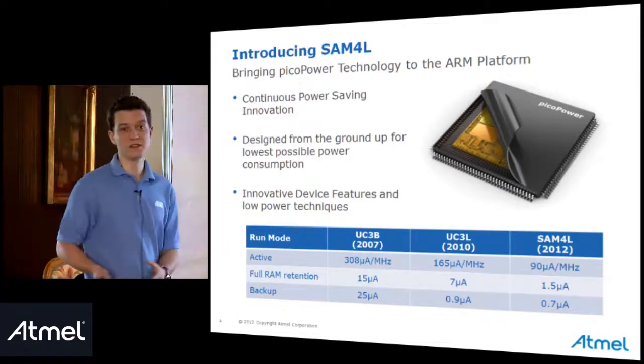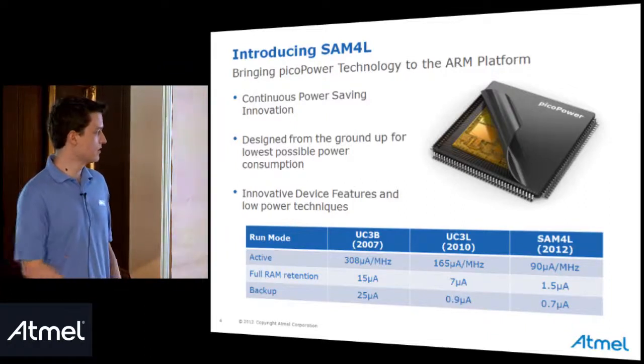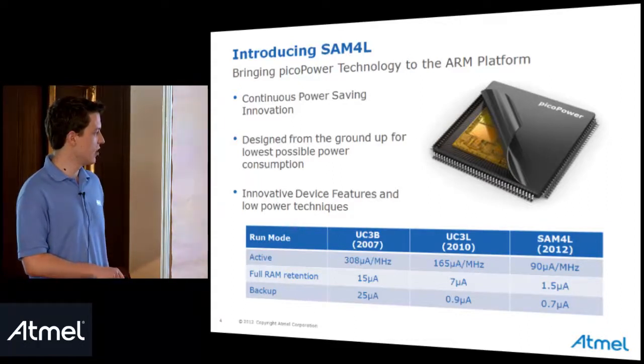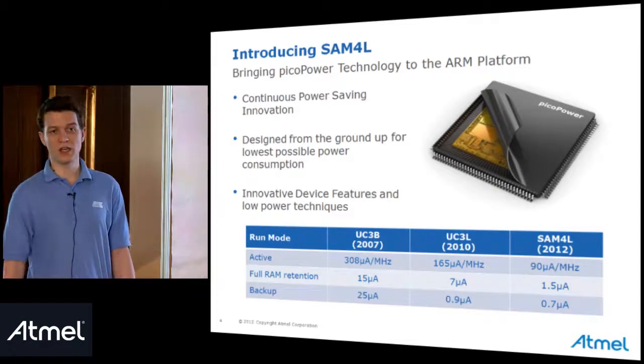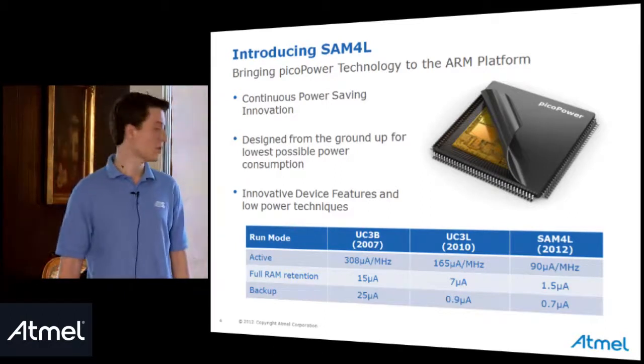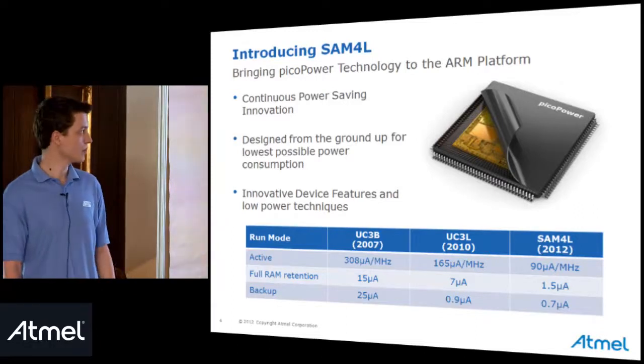Then it has evolved in time, and we are now with the SAM4L with less consumption in active mode, also in full RAM retention mode, and also in backup mode. So it's still improving, and probably in the future we will be able to reduce the consumption again in all these modes.